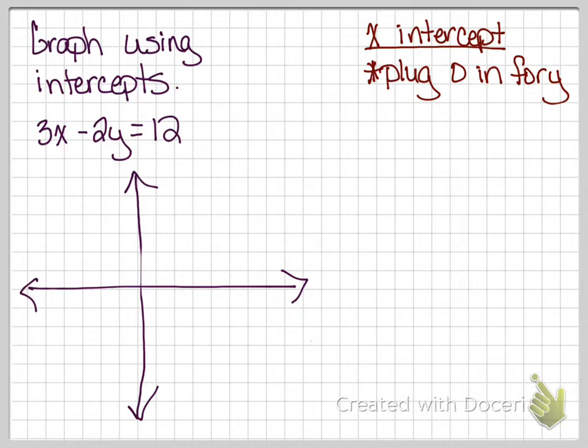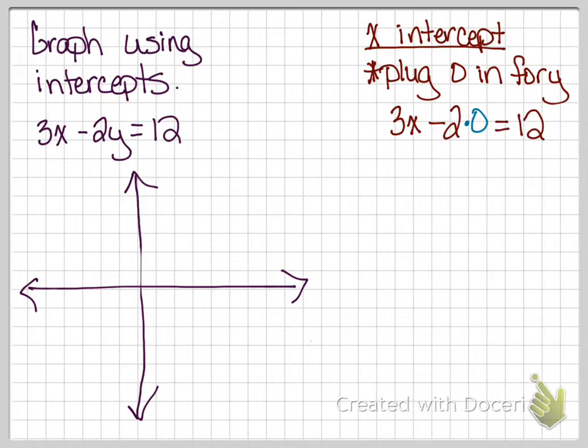So I'm going to take this line, 3x minus 2y equals 12. I am going to say 3x minus 2 times 0, I'm plugging 0 in for y, equals 12.